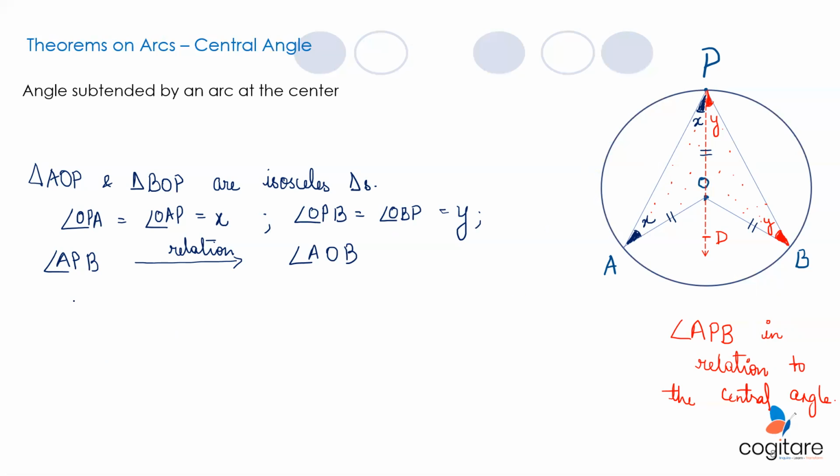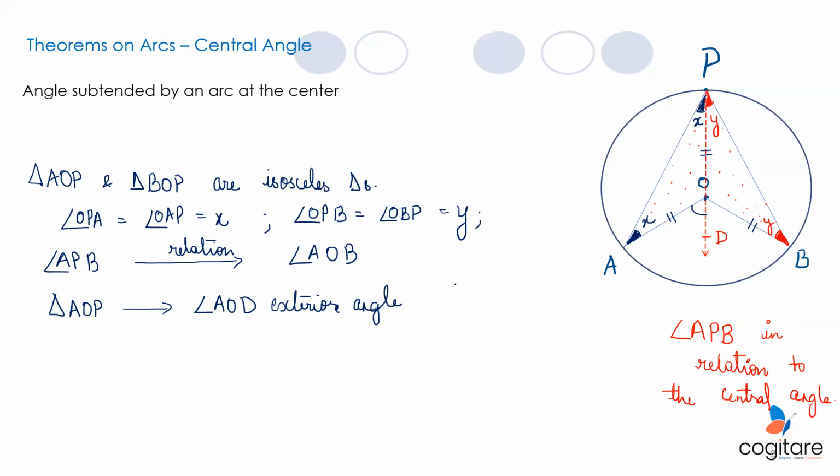Now look at triangle AOP, guys, right? For the triangle AOP, what do you think is the angle AOD? This angle. What do you think that is? This angle, don't you think, is the exterior angle to this triangle? Okay, AOD is an exterior angle to triangle AOP, which means what?